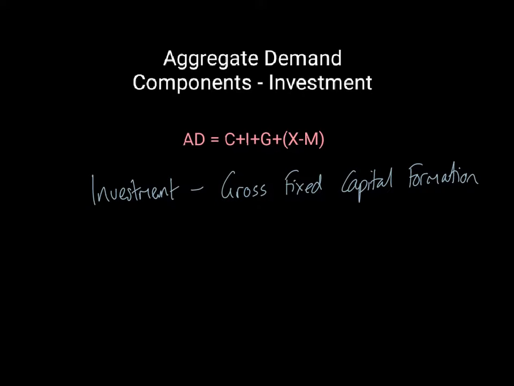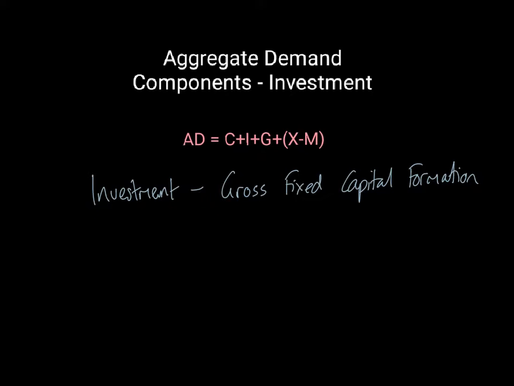It sounds quite technical, but it includes a few things that we need to think about. Firstly, let's deal with this capital formation at the end of it. This means that we are looking at investment which generates capital within the economy. By capital, we're talking about physical capital. In order for it to be counted in that I component, it has to be something that generates physical capital, like a building or a piece of machinery.